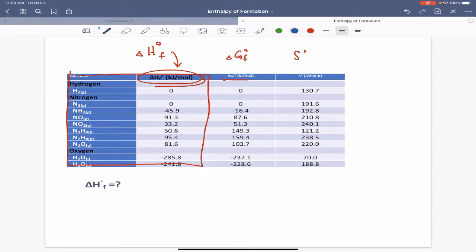So what is the change in enthalpy, potential energy at constant pressure, of formation for a compound from its elements in standard state?